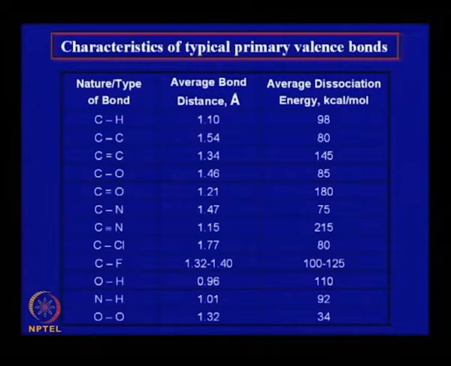Now, look at these values, characteristics of typical primary valence bonds, bond length, bond distance and bond dissociation energies. Of course, these bond dissociation energies have nothing to do with the vaporization of the molecules in which these bonds are present.